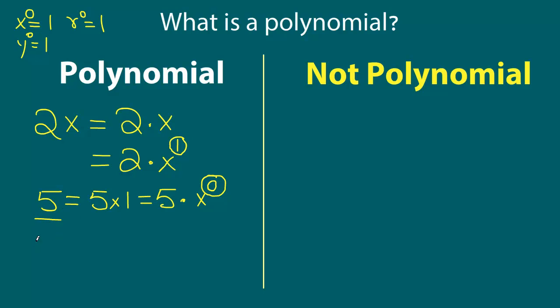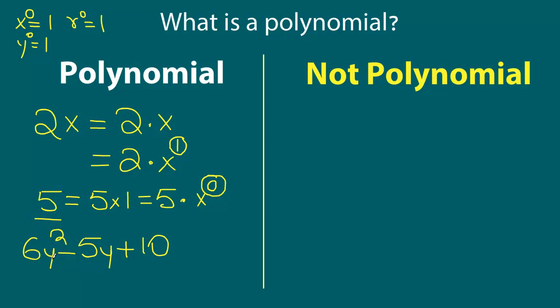Let's take a look at one more example. So 6y squared minus 5y plus 10. Is this a polynomial? This is a polynomial because here we have 3 terms. So in this case, we had 1 term, here we have 1 term, but here we have 3 terms. But for each of the terms, the variable is raised to a whole number.